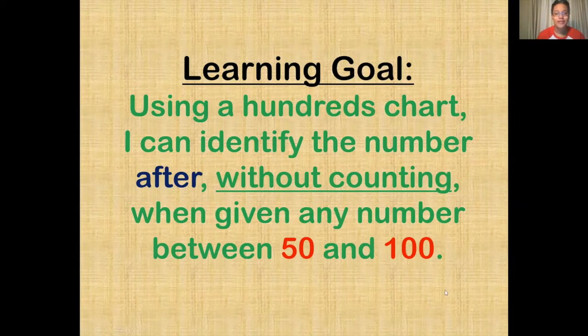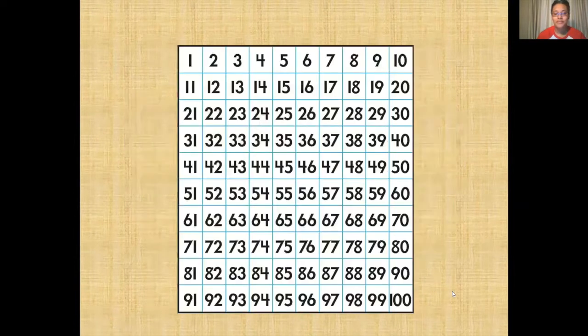So what's this? That's right, it's a hundreds chart. We saw that in our lessons last week. Now, our learning goal says that we are looking for the numbers through 50 and 100. So that means we don't need the numbers from 1 to 100.